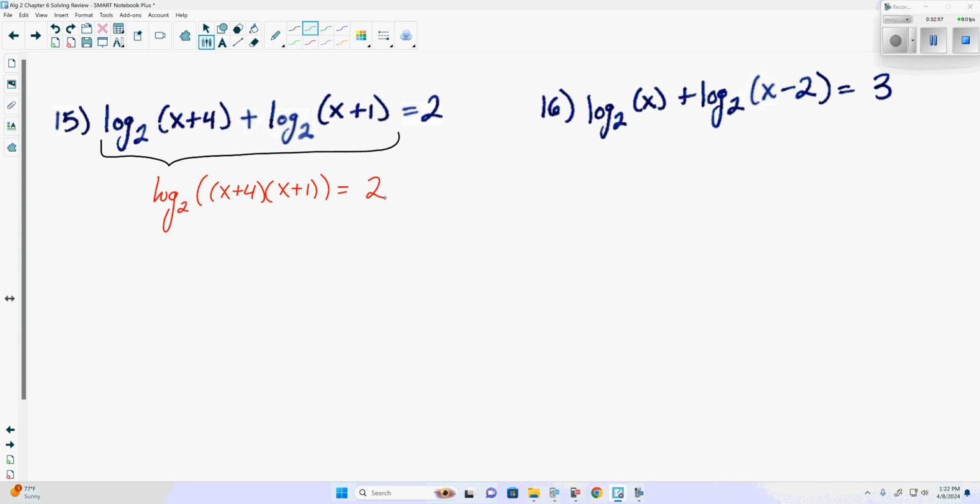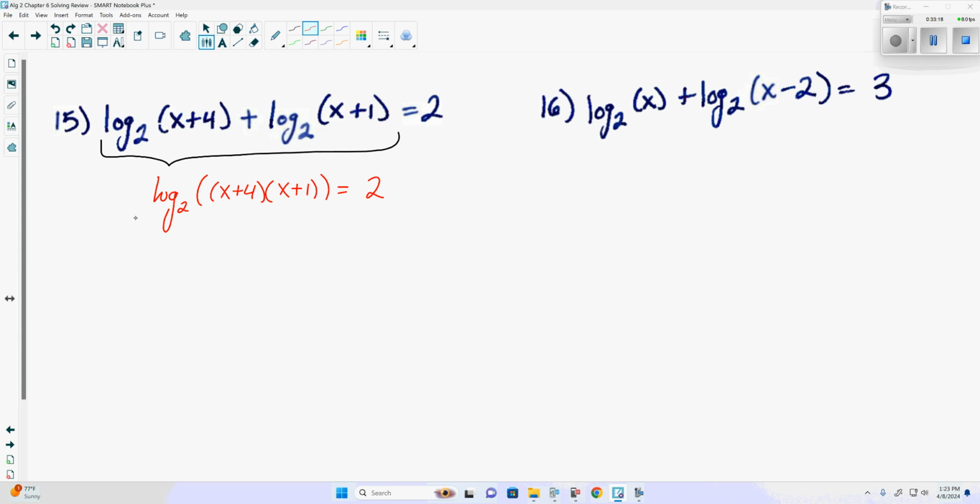So we can rewrite log base 2 of x plus 4 plus log base 2 of x plus 1 equals 2 as log base 2 of x plus 4 times x plus 1 is equal to 2. Now we're going to solve it exactly like we did the last one.